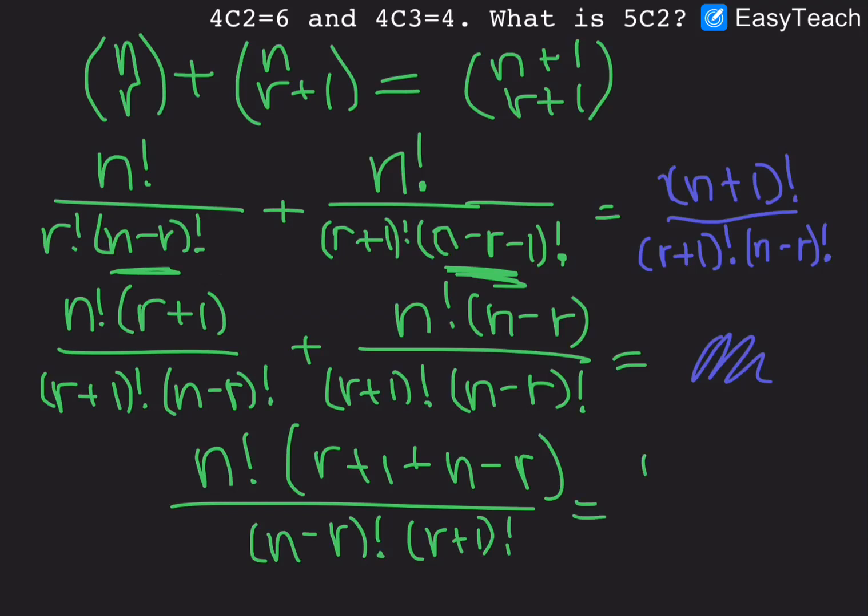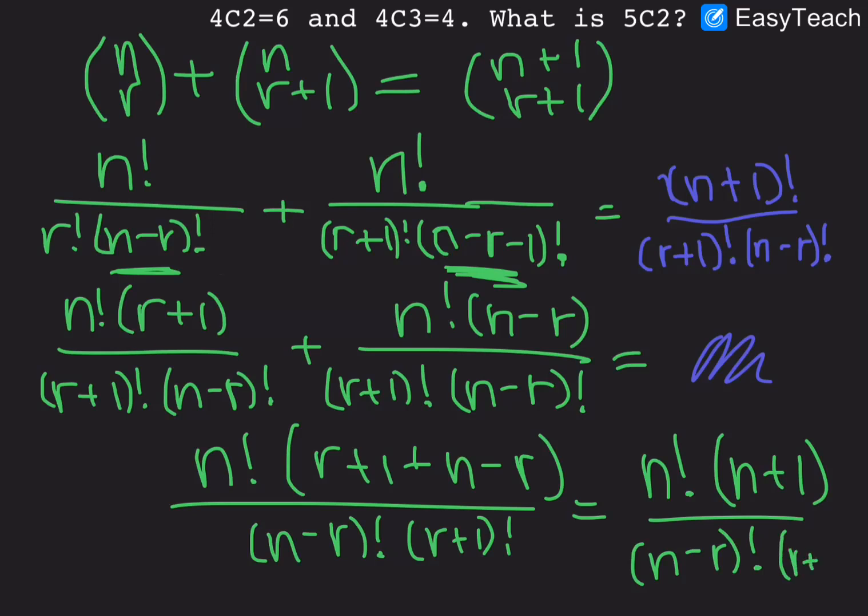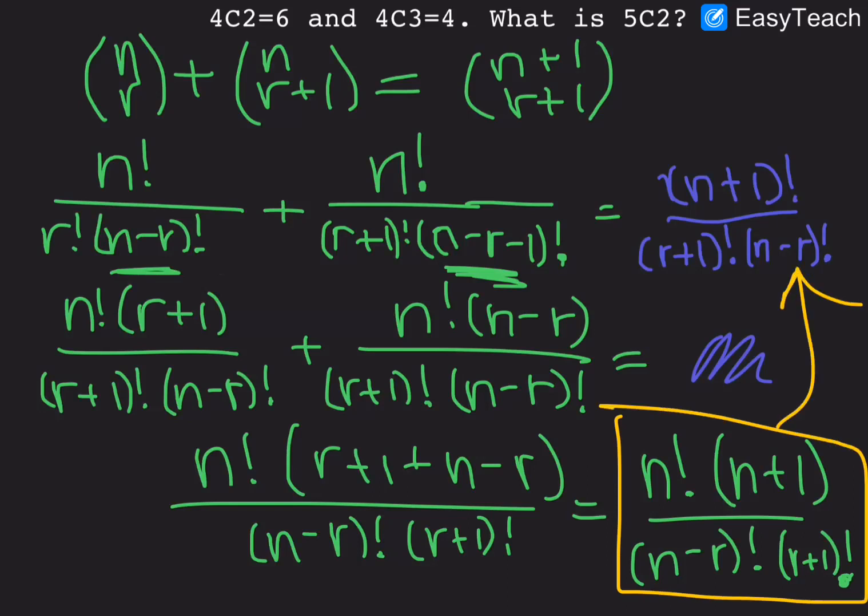And as we see, this is equal to n factorial times n plus 1 over n minus r factorial times r plus 1 factorial. And this right here is equal to this, because if we multiply these two together, you do get n plus 1 factorial. So now that we've proved Pascal's identity, let me just erase all the ink.